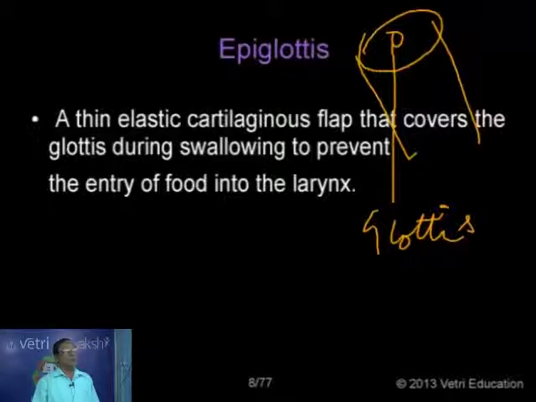Normally, while eating, the entry of food into the trachea should be prevented. Otherwise, we have a reflex cough, some sort of choking occurs in the respiratory passage and blockage occurs.